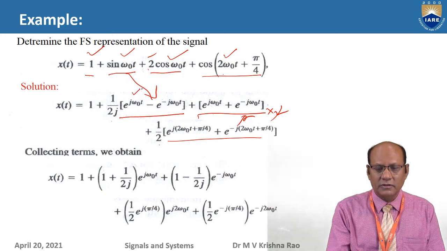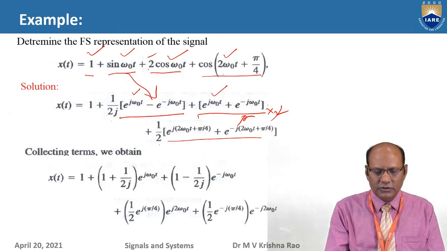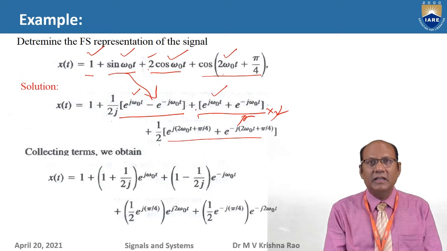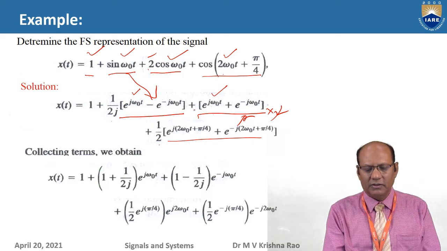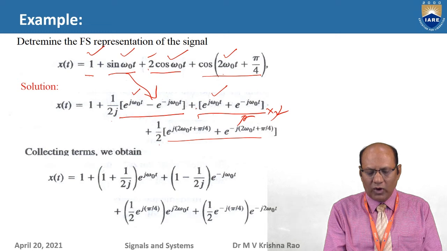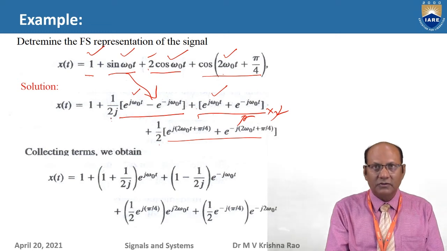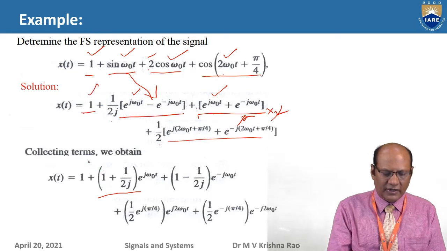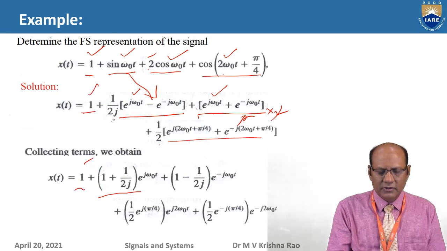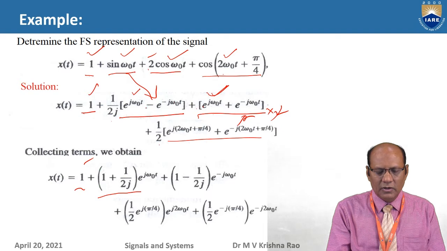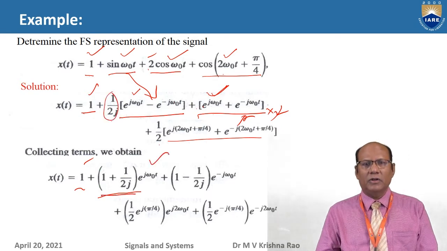This is the first harmonic, and this is the first harmonic. The coefficient, the amplitude of this is 1, unity. 1 plus 1 by 2j. This DC term is there anyway. So 1 plus 1 by 2j put together, multiplied by the first harmonic.